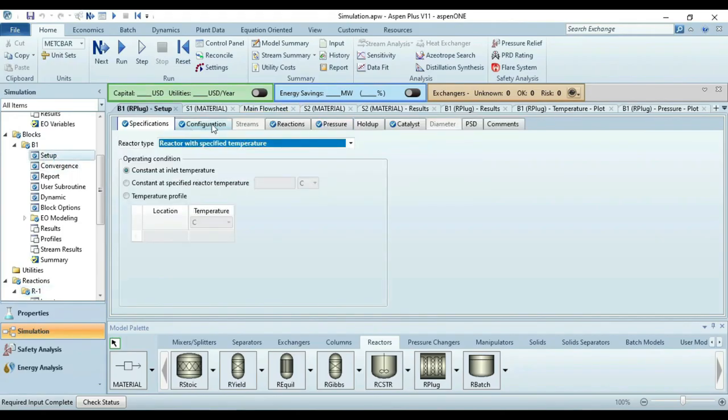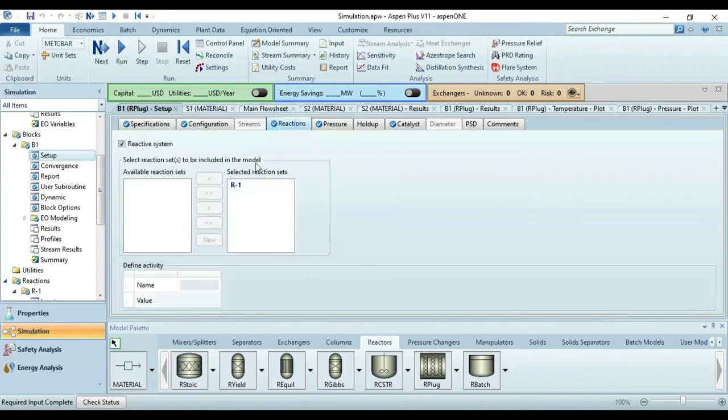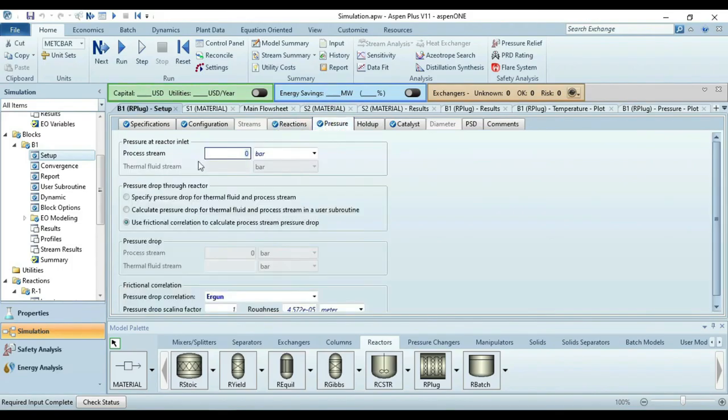Let's do the configuration of our reactions. Let me find here. It is imported already, but in your case, as you didn't do that yet, you must do it first. We are not going to consider here an increase of pressure in the inlet of the reactor.